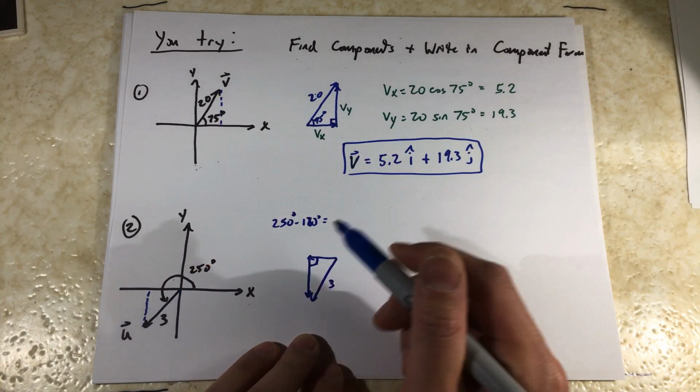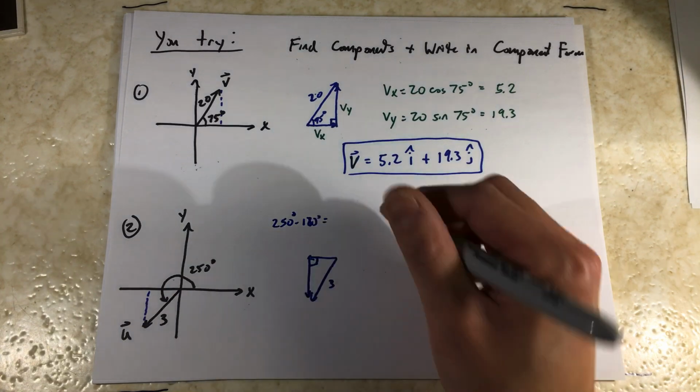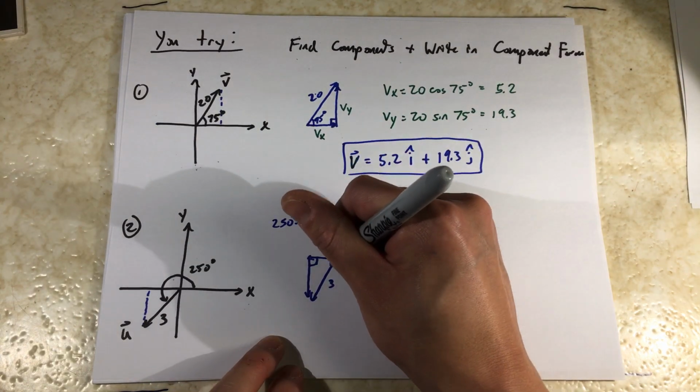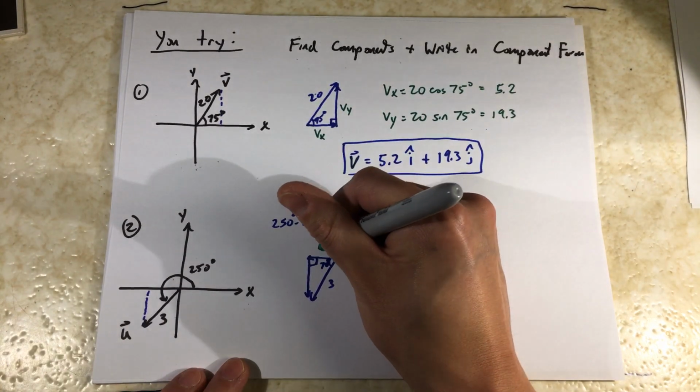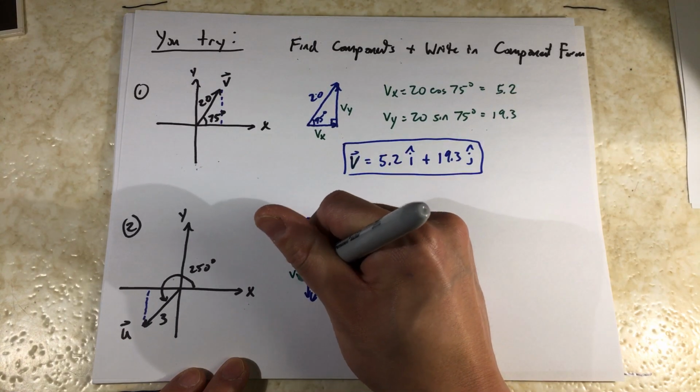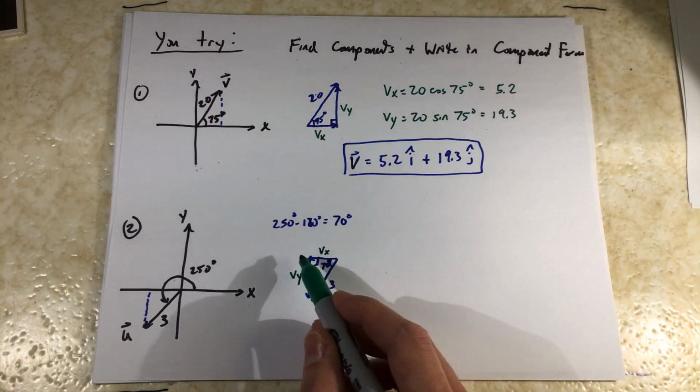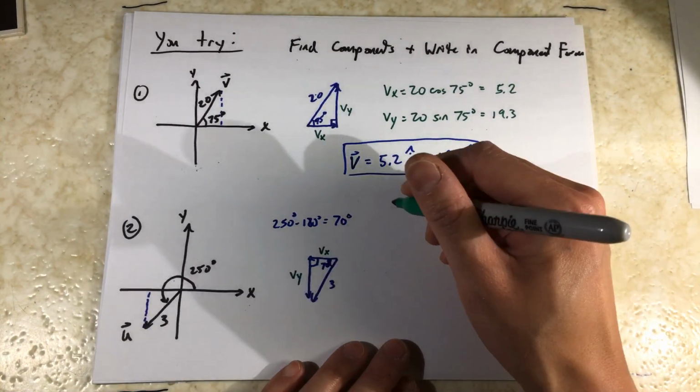It goes past there, so it's greater. That would be 70 degrees. So in my triangle, I have 70 degrees right there, and then again I have my Vx and my Vy.